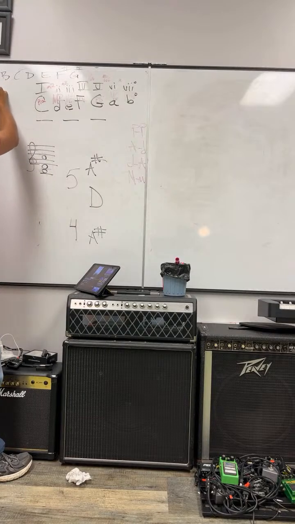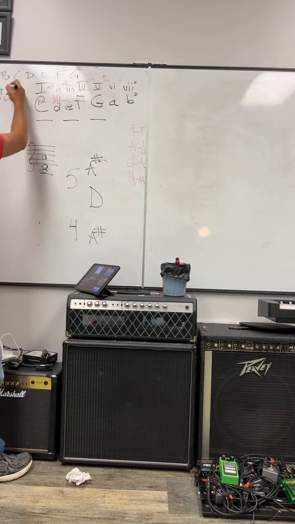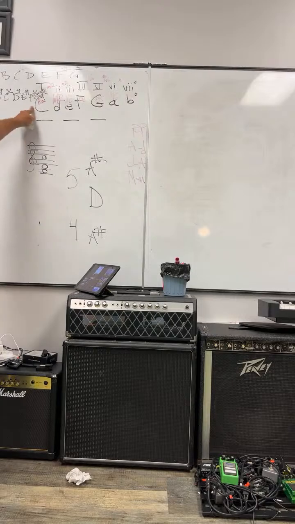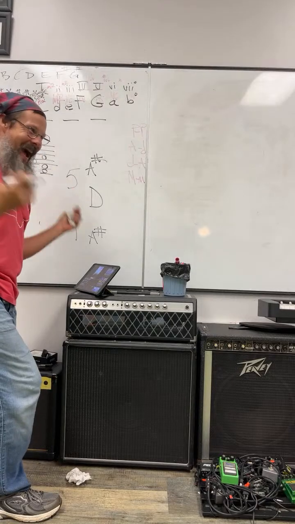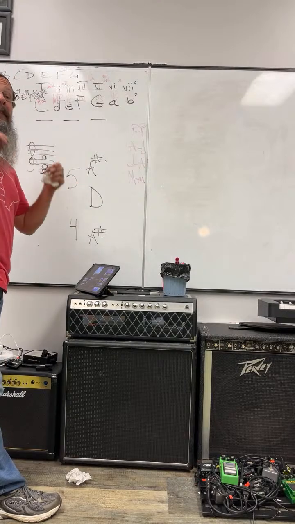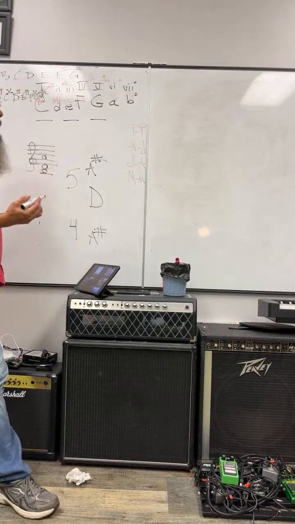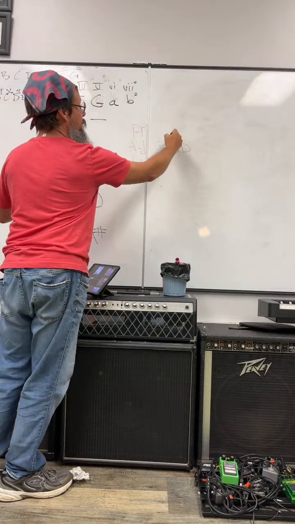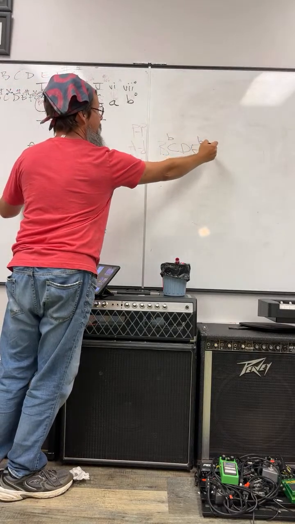That would give us A sharp, B sharp, C double sharp, D sharp, E sharp, F double sharp, and then G double sharp. The reason why A sharp is a hypothetical key, and we would much rather use the key of B flat, is because when we count, B flat only has 2 flats, the B flat and the E flat.